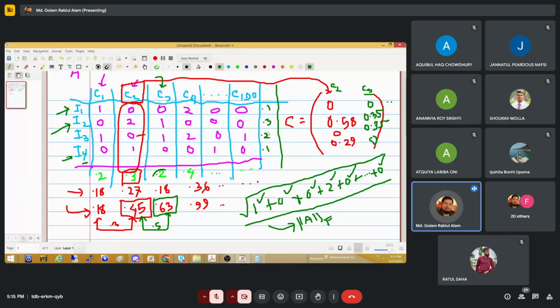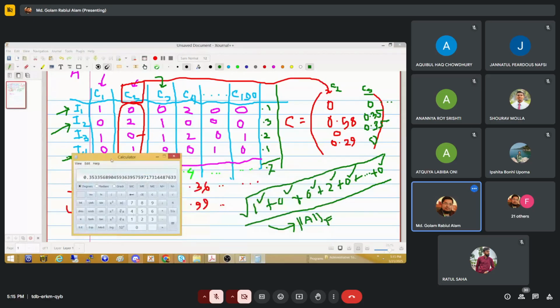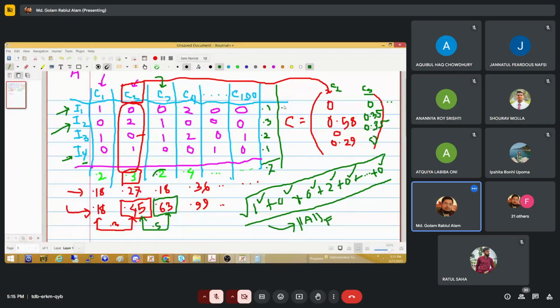So how can we normalize that? We have to sum up all those values. The summation here, you can see 0.3 and 0.1 is 0.4, and then 0.6, 0.7. Okay, so this is 0.7. Then we divide each and every one by 0.7. So 0.1 divided by 0.7 is 0.14.